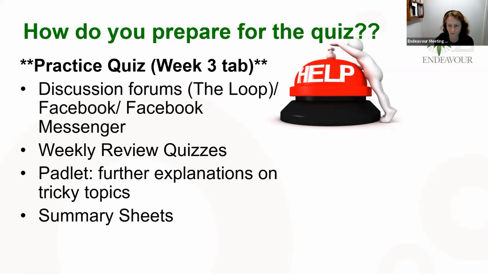But there is the Facebook group that if you want to join it, then hopefully whoever's doing the messenger will see that you've joined the Facebook group that I have posted about on the loop, and then you can join the Facebook chat as well.